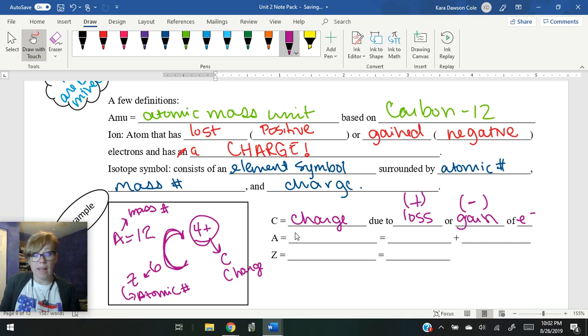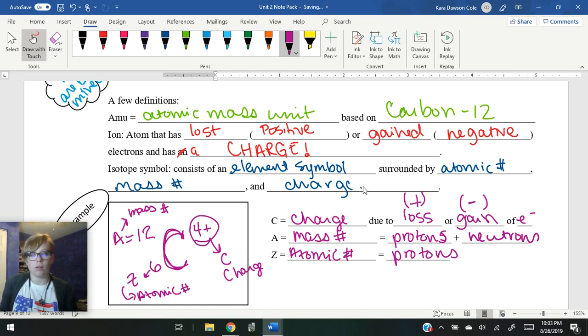A is my mass number, and this is equal to my protons plus my neutrons. And then I have Z, which is my atomic number, which is my number of protons.